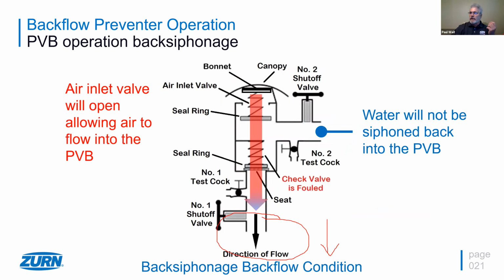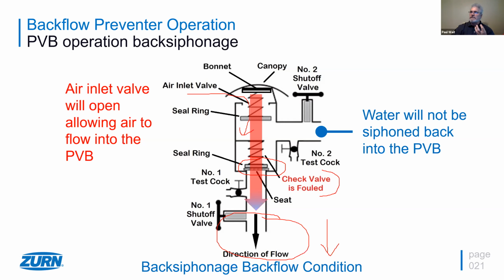What happens first is the air inlet valve, the check valve, should shut. That's our number one backflow prevention device. But if this check valve is fouled, and let's just say we got a rock in there, the air inlet valve is going to open up, allowing air into this PVB.